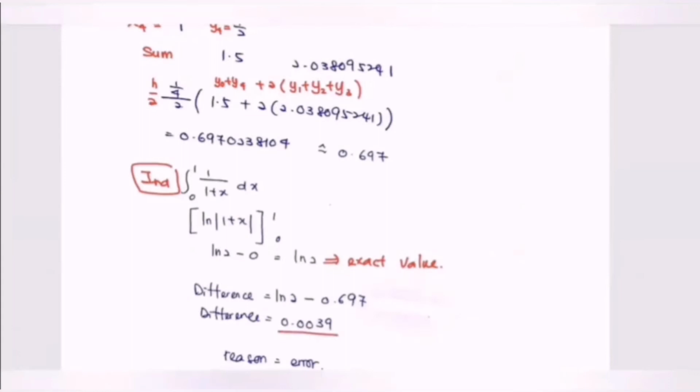Finally, explain why this situation happened. So the reason is due to error. Yes, the trapezoidal rule is just an approximation or estimate, whereby the second part is the definite integral using the direct method, and we will have the exact value.